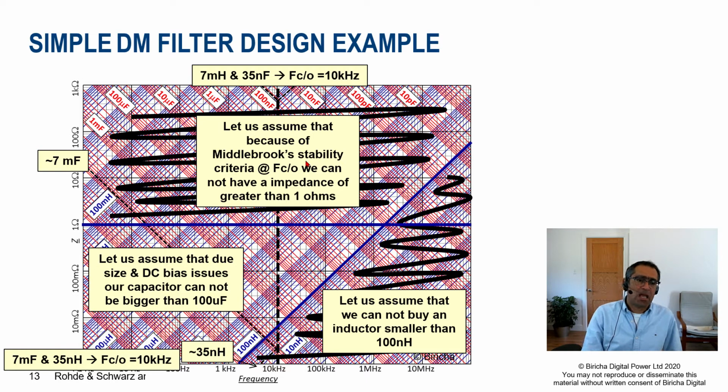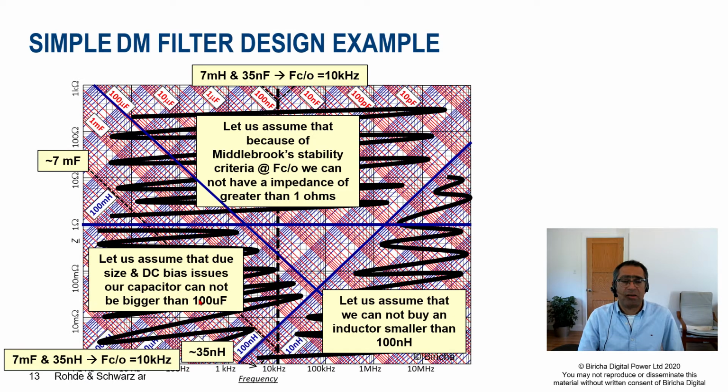Then let's say for DC bias, size, cost, for whatever reason, your capacitance cannot be more than 100 microfarad. You draw that line, and then you know that anything above 100 microfarad has to be crossed out. So suddenly, going from this massive range of 7 millifarad and so on, we narrow it down to this tiny area over here, which is the values that we can use that do not violate our other design constraints.